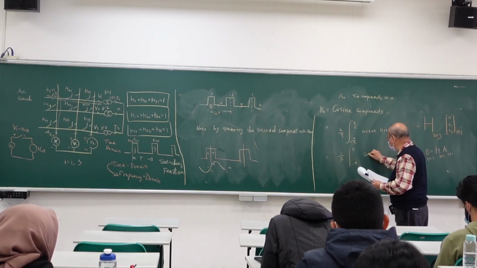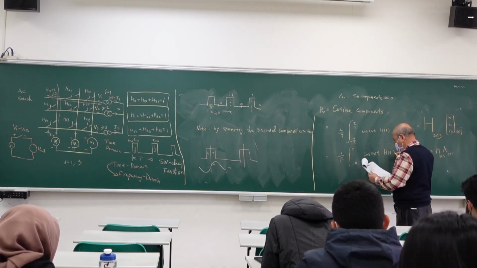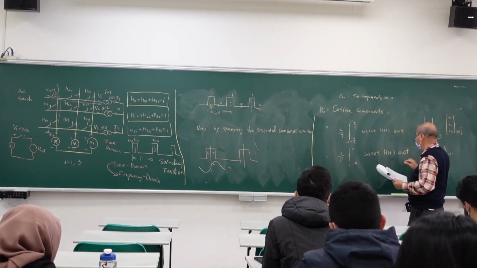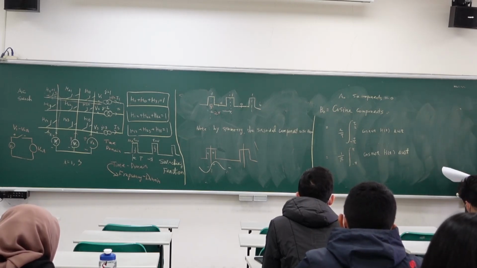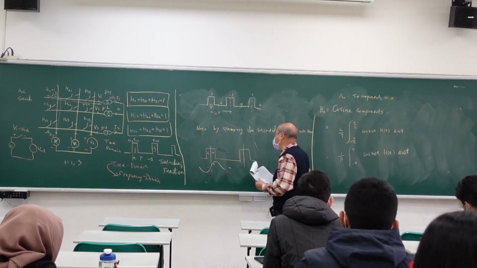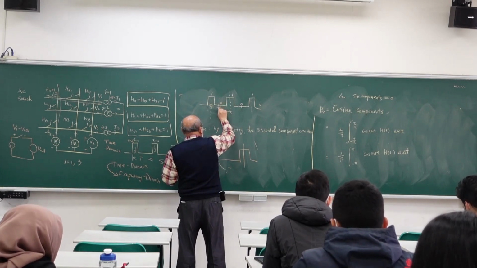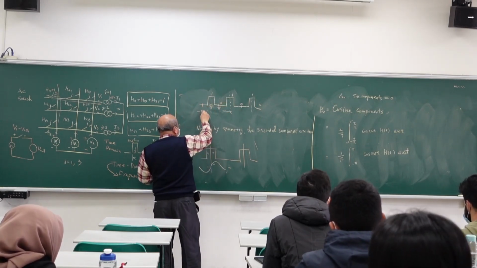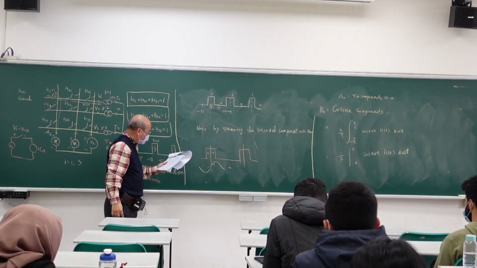This is cosine n omega t, this is h(t), and d omega t. So you can easily compute this. You integrate from minus pi to pi.